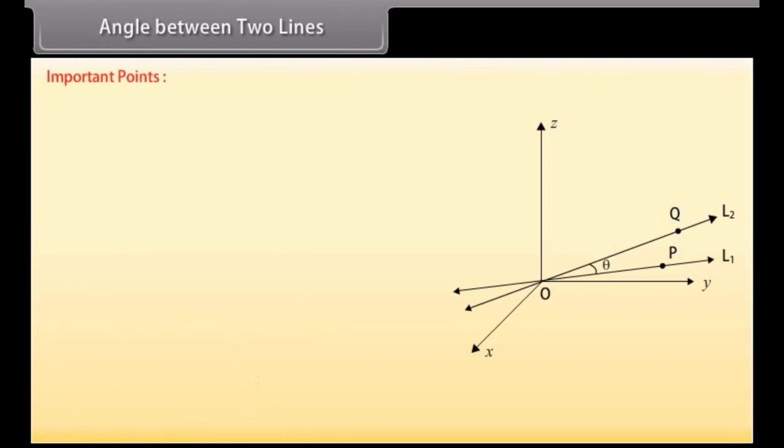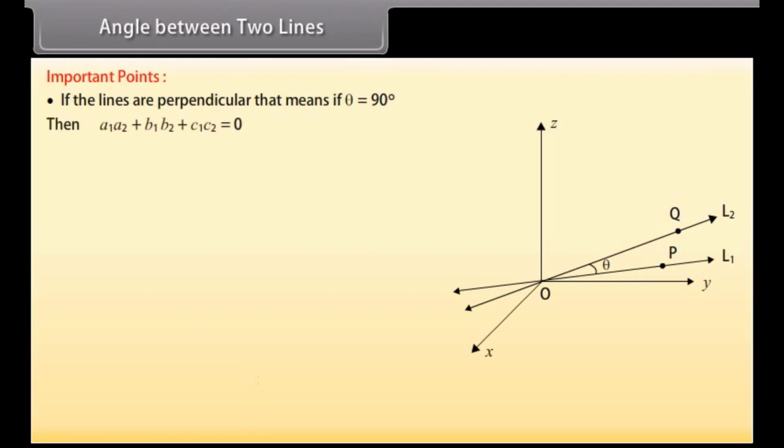Important points. If the lines are perpendicular, that means theta is equal to 90 degrees, then a1 a2 plus b1 b2 plus c1 c2 equals 0. If the lines are parallel, that means theta is equal to 0 degrees, then a1 by a2 equals b1 by b2 equals c1 by c2.